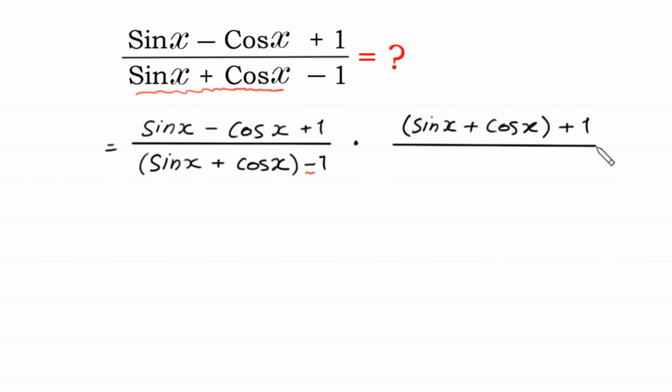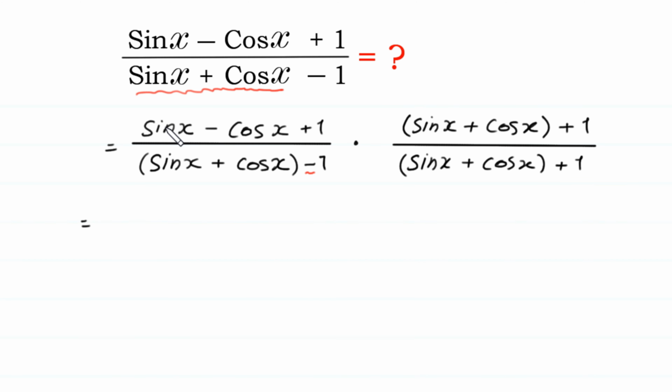and we divide this expression by sin of x plus cos of x plus 1. Now we multiply the numerator by numerator and denominator by denominator like this.